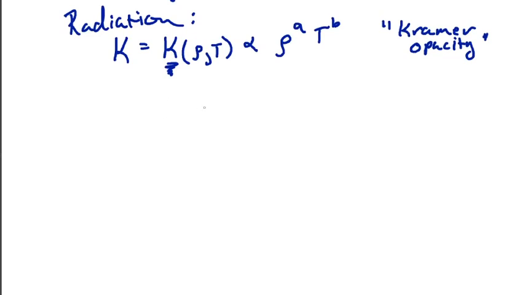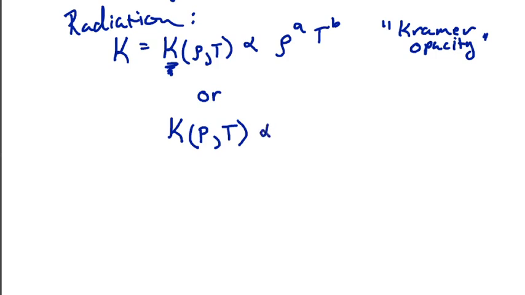Before that, let's note that especially if we're dealing with an atmosphere of a planet, we may actually want to write the Kramer opacity in terms of two other thermodynamic variables, P and T. Remember, for any three thermodynamic variables, rho, T, and P, only two of them are independent, and the third is determined by the equation of state.